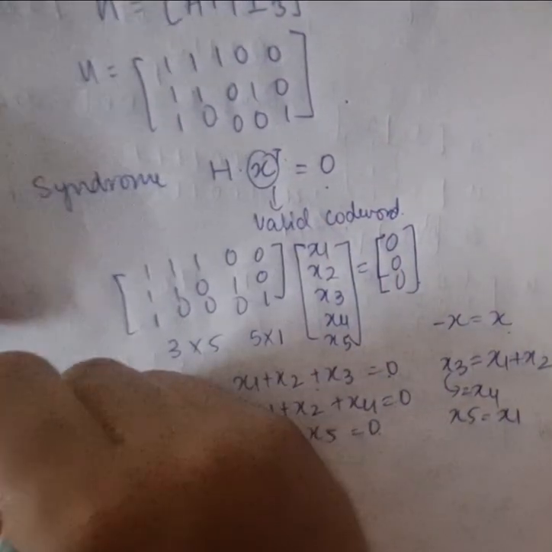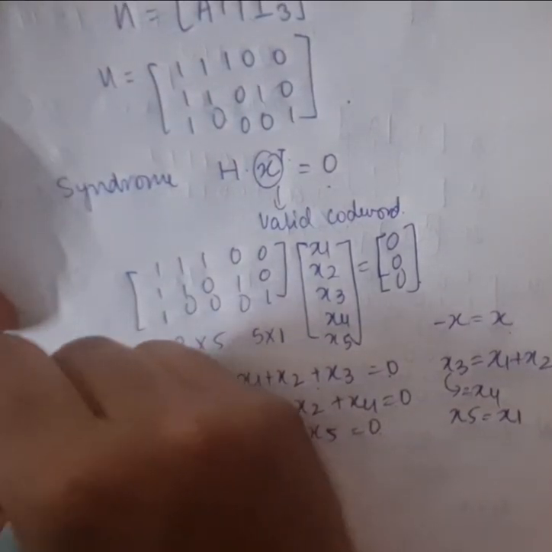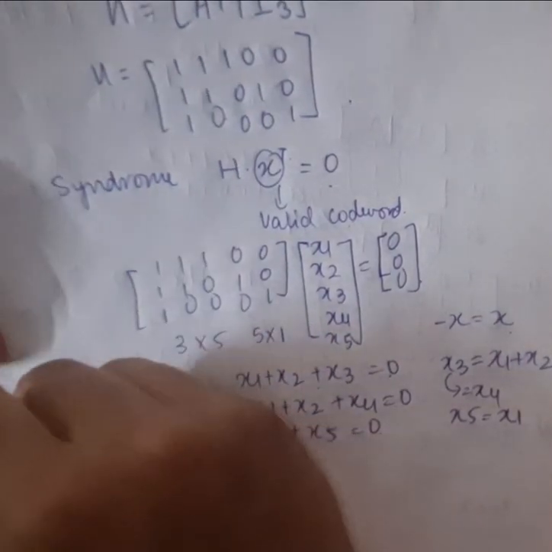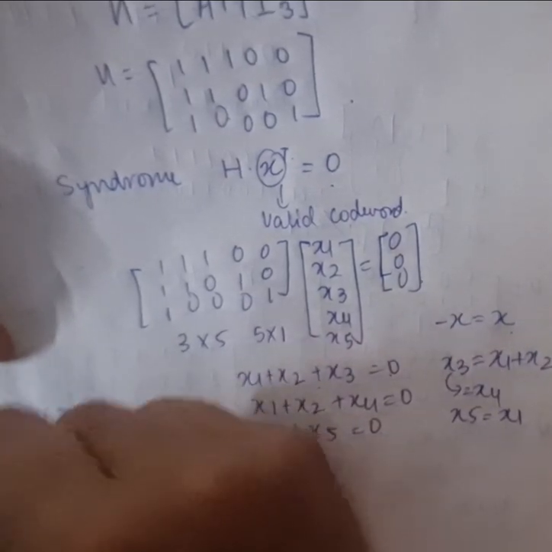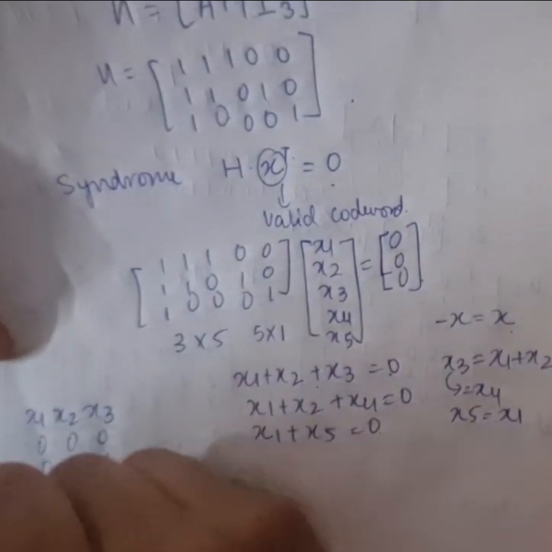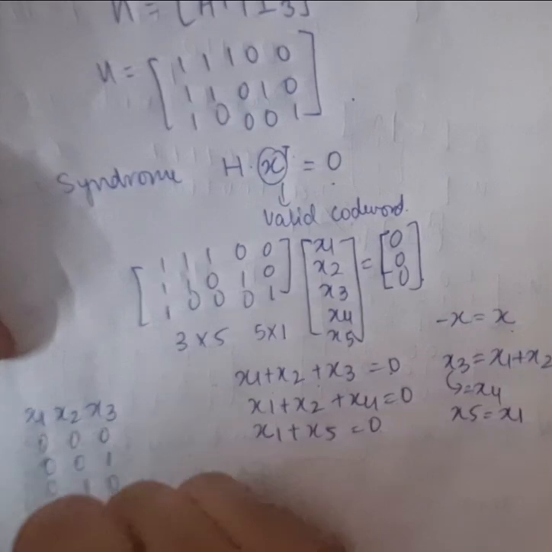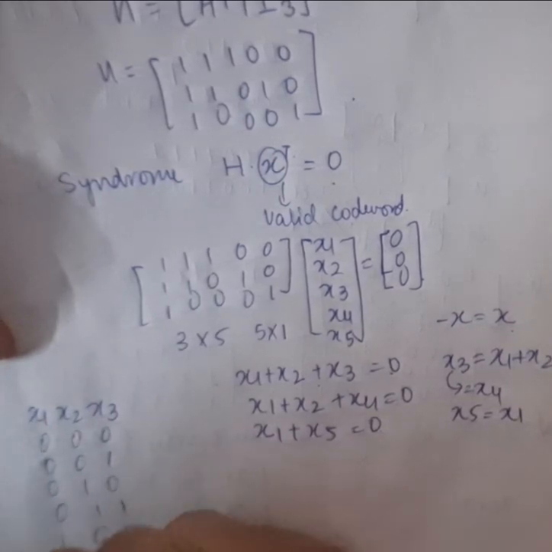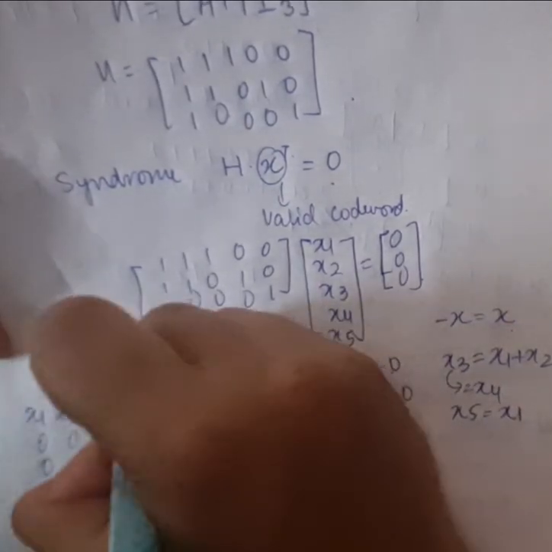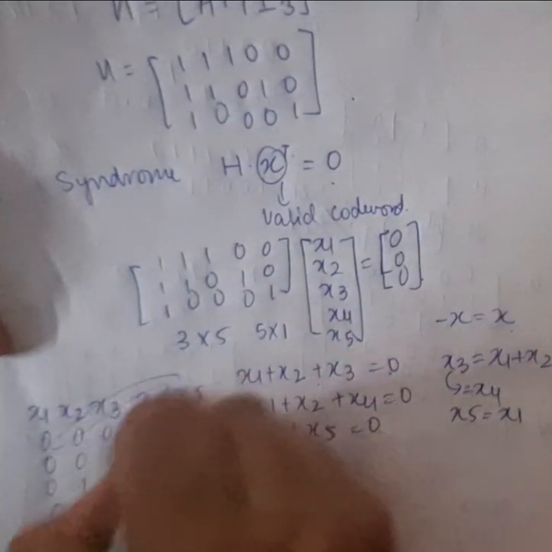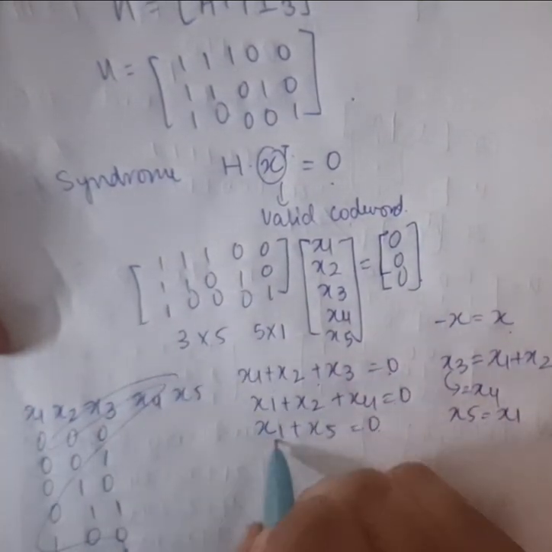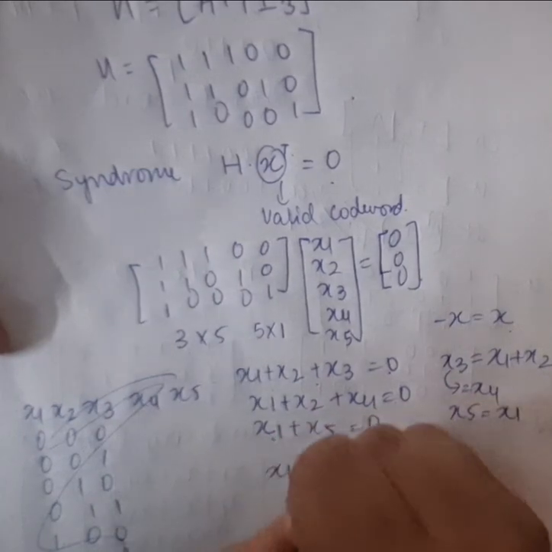So let's start writing it down. Let's look at all the possibilities for x1 and x2. Wait, I'm sorry, I fumbled. It only depends on x1 and x2, so you just need to write x1 and x2.